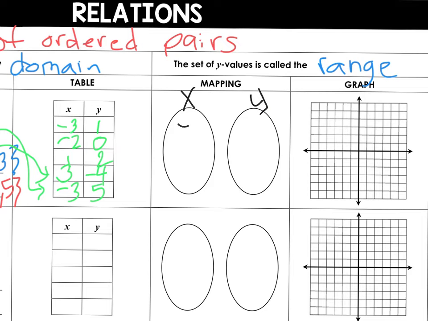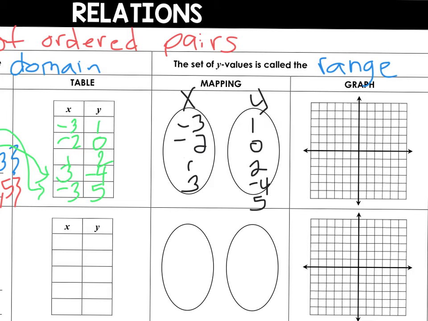We're going to put the -3 in here. We're going to put -2 in here. I should probably do that the other way around though. We're going to put a 1 in here, and then we're going to put a 3 in here. So I have all of the different values of x in here. And then we're going to put the values of y in the other one. So we're going to have a 1, a 0, a 2, a -4, and a 5. I didn't fit that in there very well, did I?